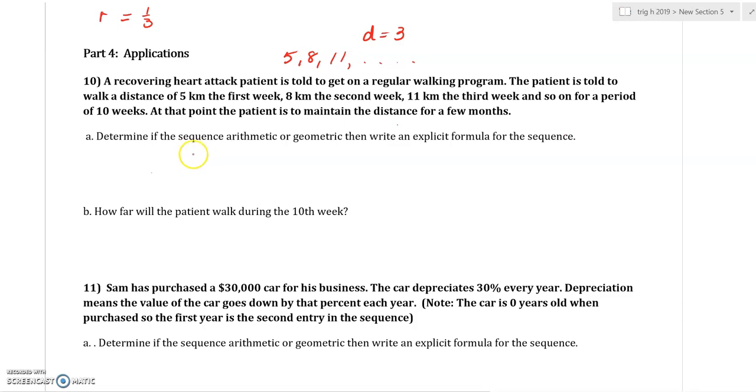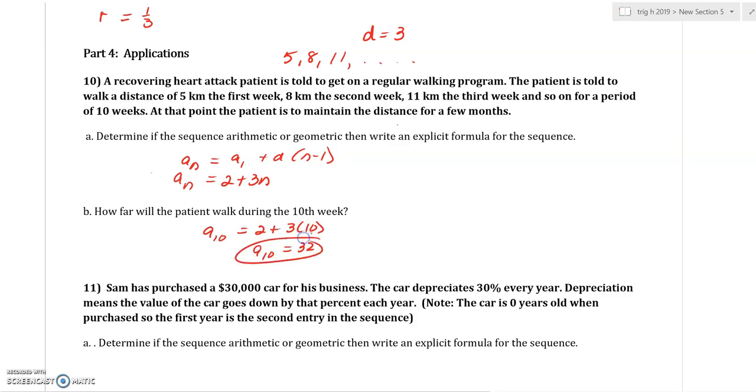The first term is 5. The common difference is 3. So here's your formula, or I should say your explicit rule. And then it says, how far will the patient walk during the 10th week? So we need to find the 10th term. Great. Okay, what about this next one?